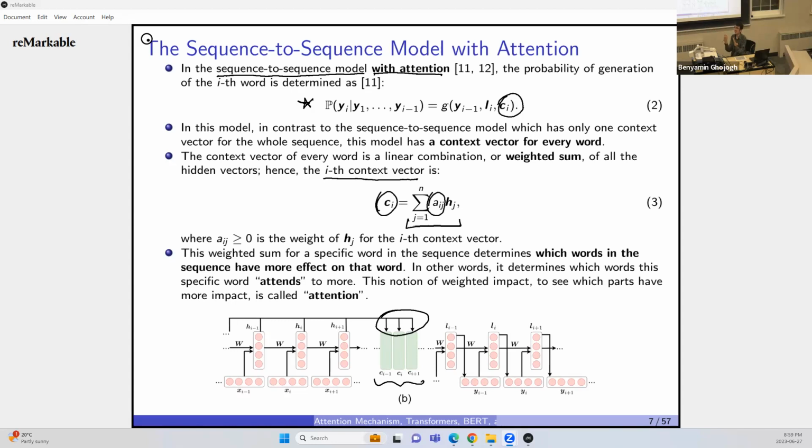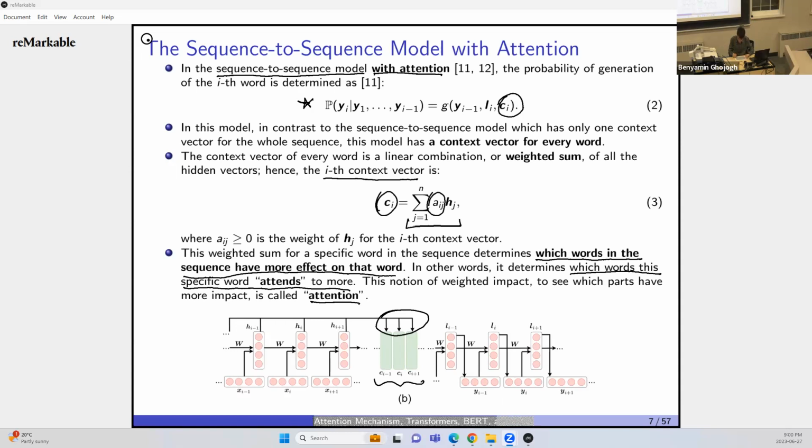If you model it mathematically, it's just weighting. We are weighting the hidden states. In other words, we say which words in the sequence have more effect on another word, or which words this specific ith word attends to more.